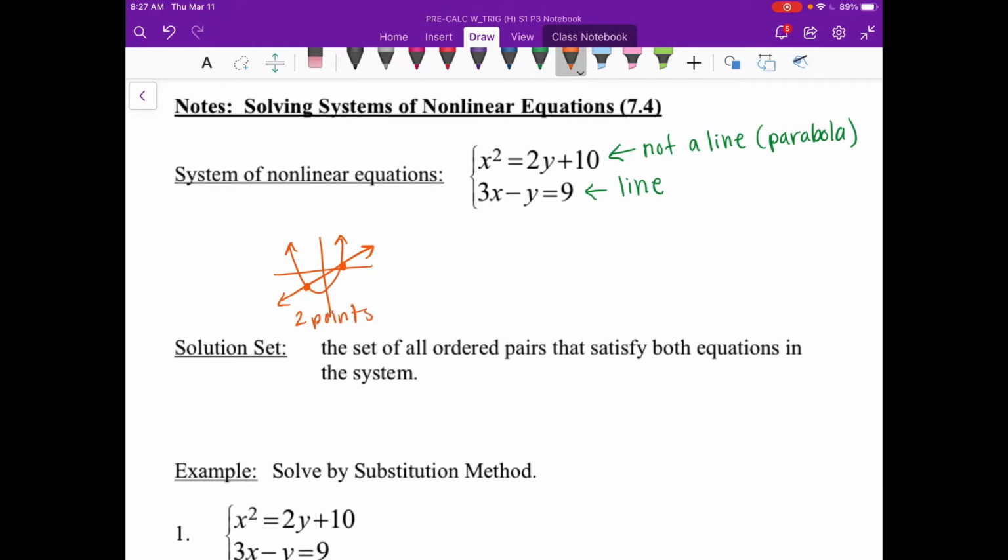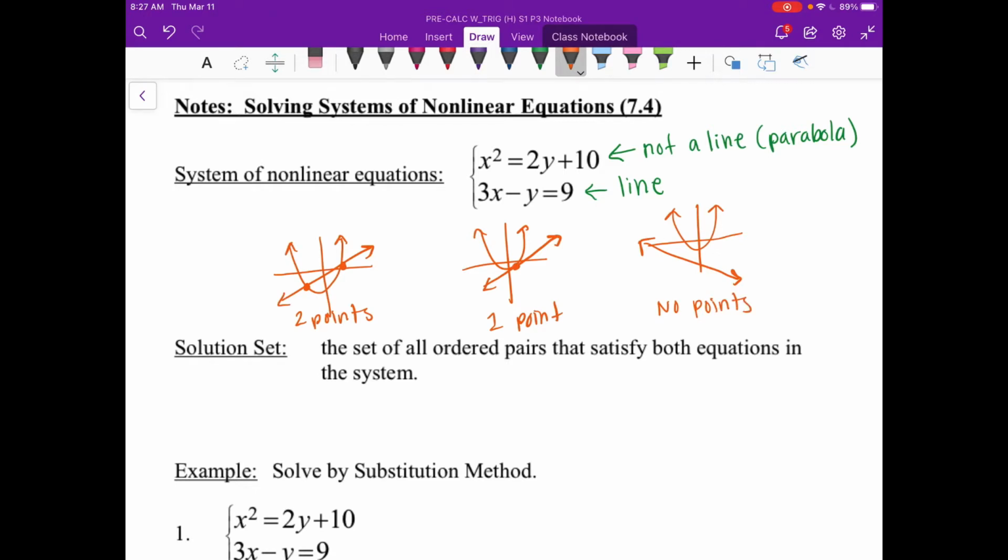We could have them intersect at only 1 point, so just coming and touching at 1 point, or we could have them not intersect at all. So if my parabola looks like that, and my line is all the way down here, for example, they're never going to intersect, so no points of intersection here.